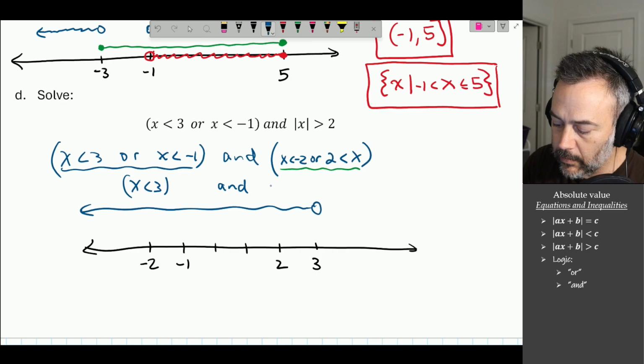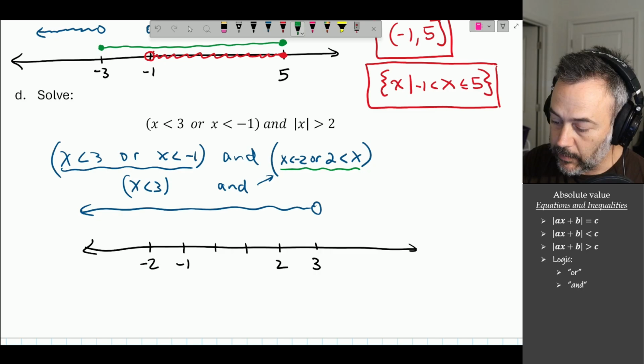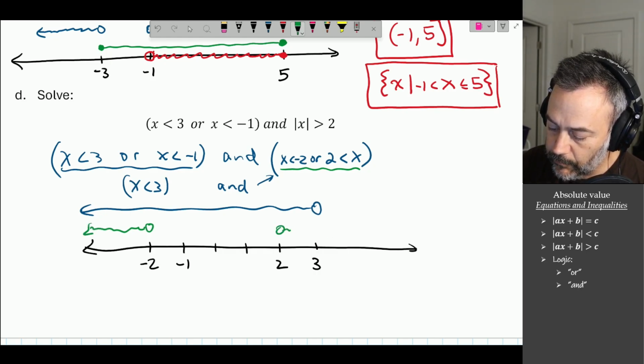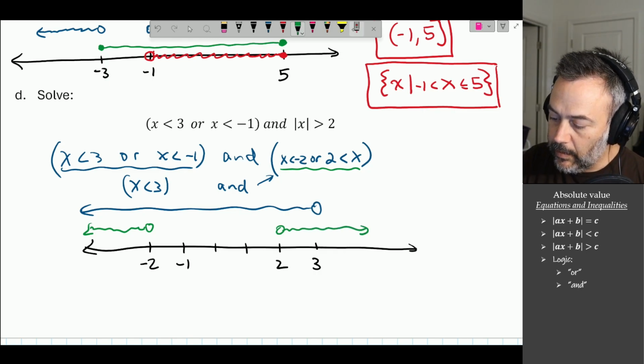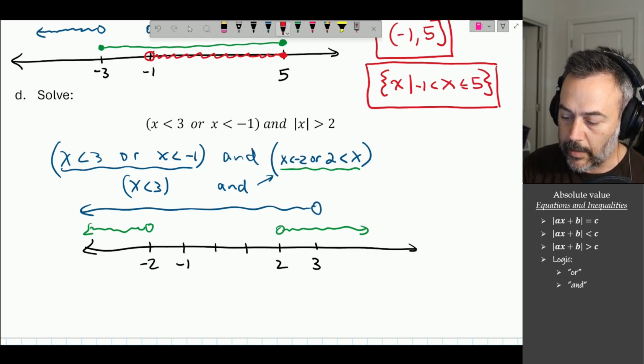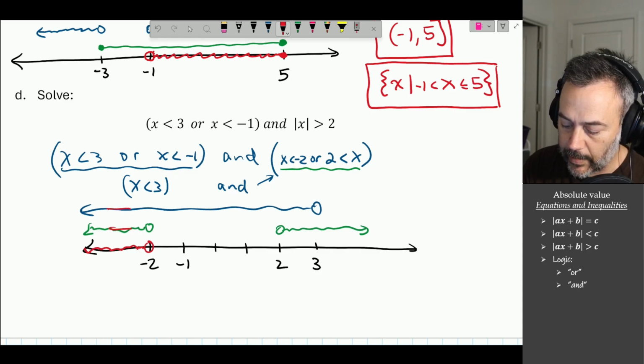And this one. Okay, the green set that I'll do on the right is everything less than negative 2, or everything greater than 2. In the middle, we have an and, so we want what's in both. And that would be everything less than negative 2, because the two graphs are overlapping over here.